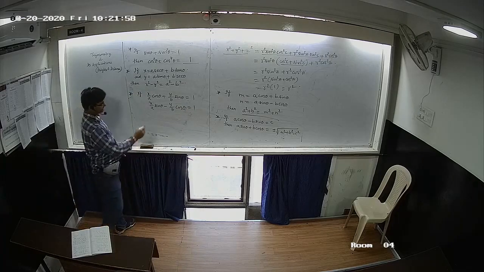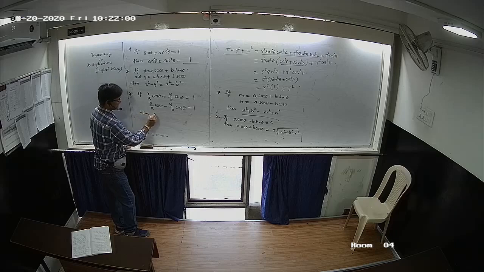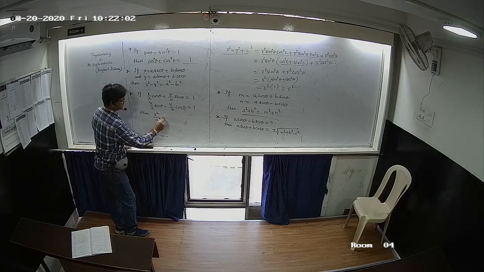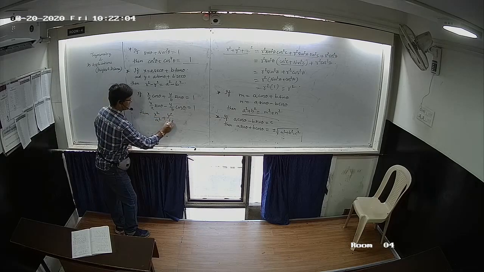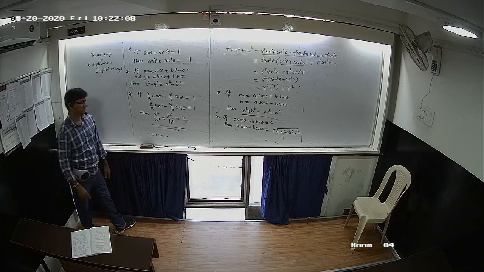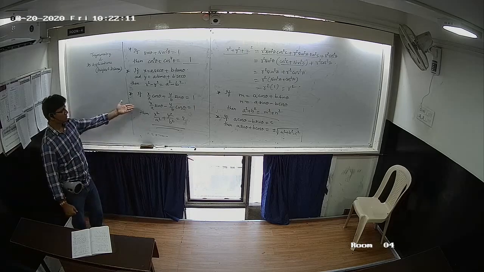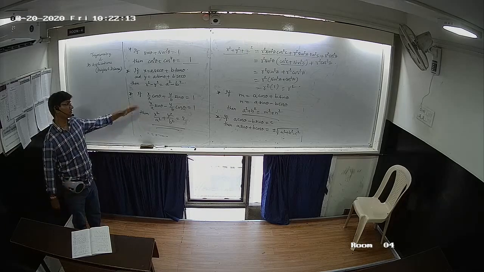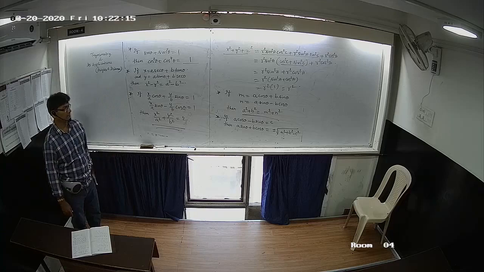Then x square by a square plus y square by b square will be equal to 2. This is another important result which you must remember, that also you will get by just squaring on both sides and adding them.